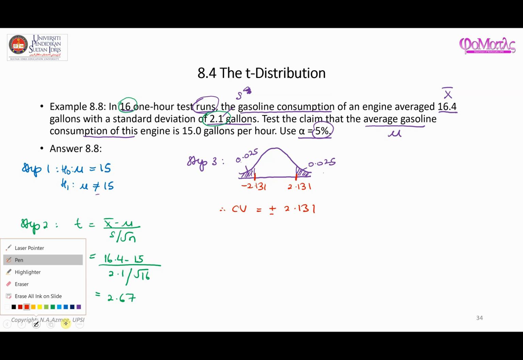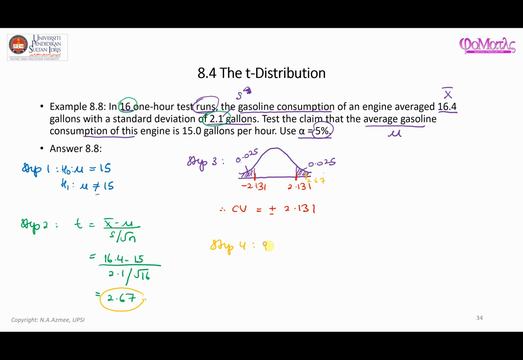The fourth step is to compare the result you have with the critical values you obtained in step 3. You can see that 2.67 will be somewhere here, which falls into the critical region. Therefore, you reject H null, since the test statistic 2.67 falls into the critical region.